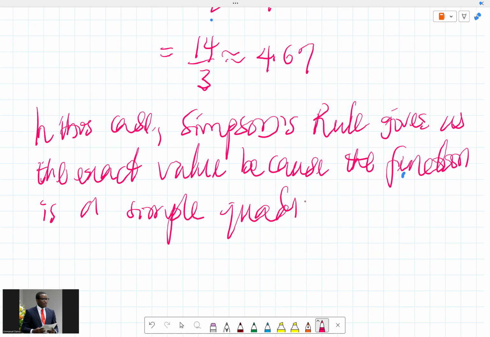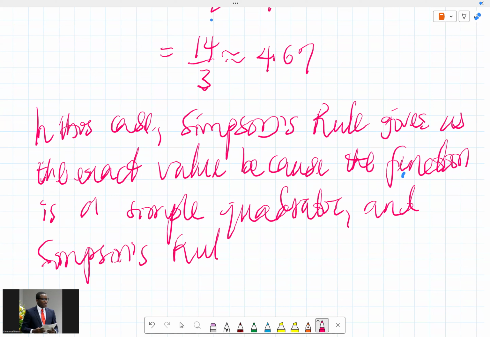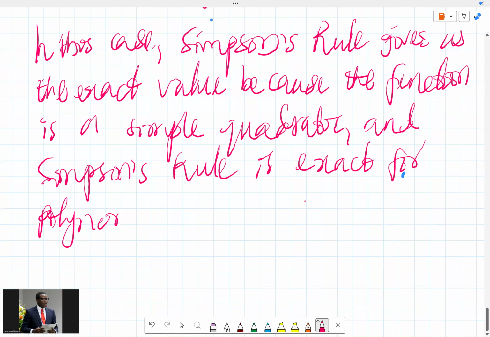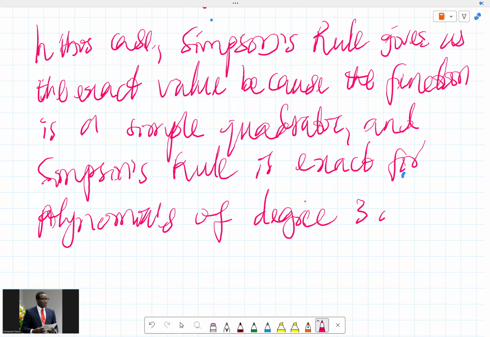Simpson's rule is exact for polynomials of degree 3 or less. So degree 3 or less, you get the exact value.